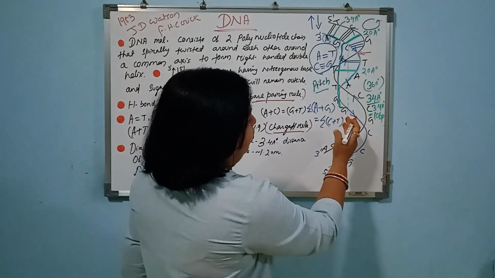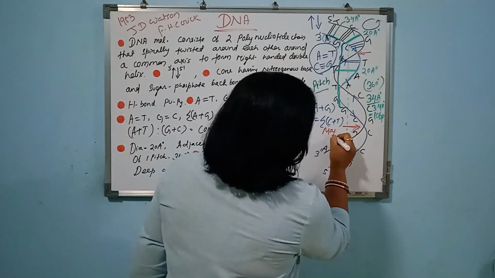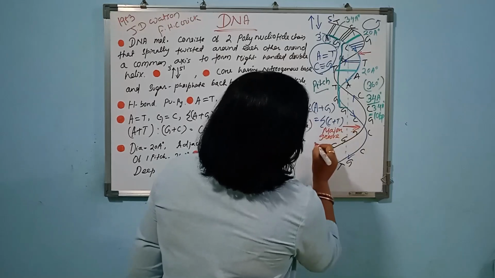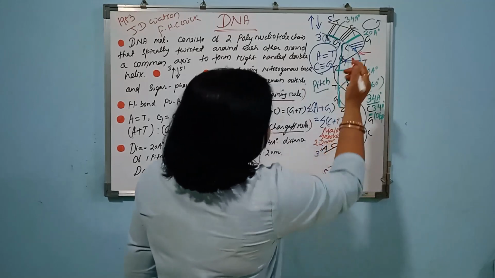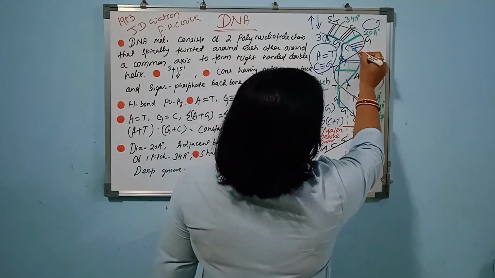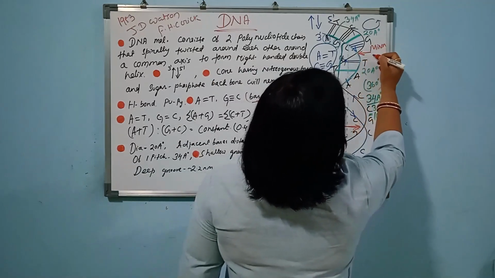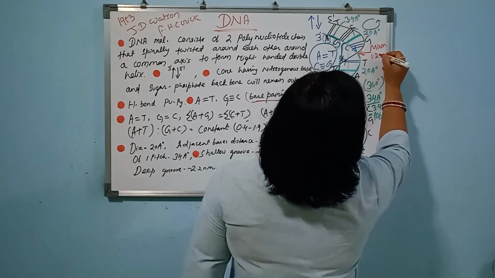This deep groove, or you can say major groove, is nearly 2.2 nanometer, and this shallow groove or minor groove is nearly 1.2 nanometer.